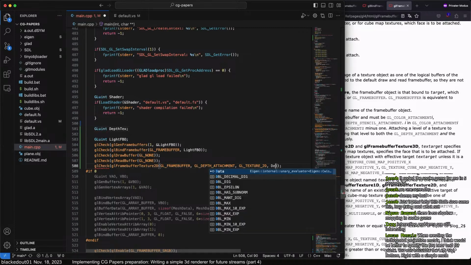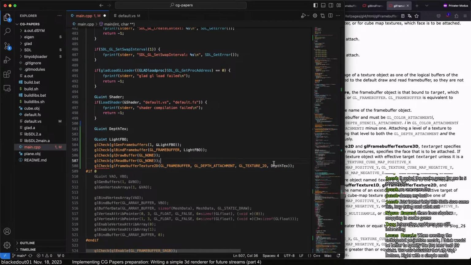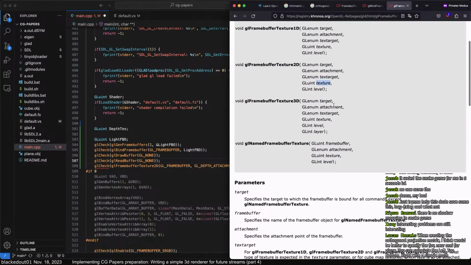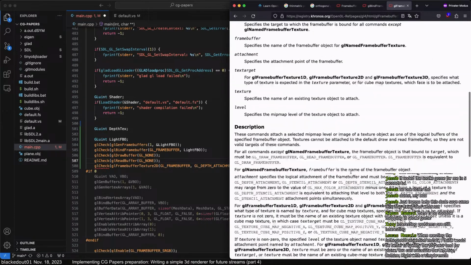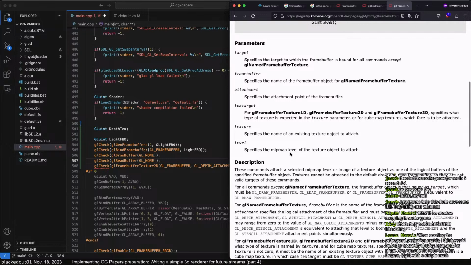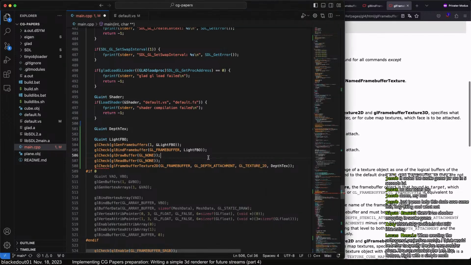So this would be the handle to the texture. And then lastly, the level is probably the mipmap level. So we don't want to create mipmaps, so I will just put the 0 level in it.